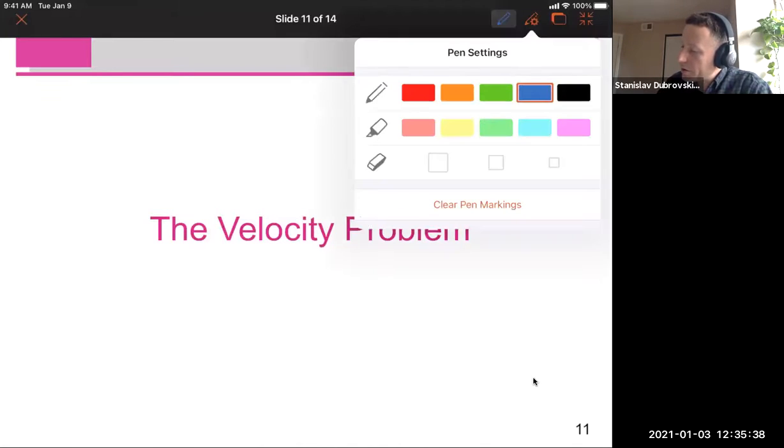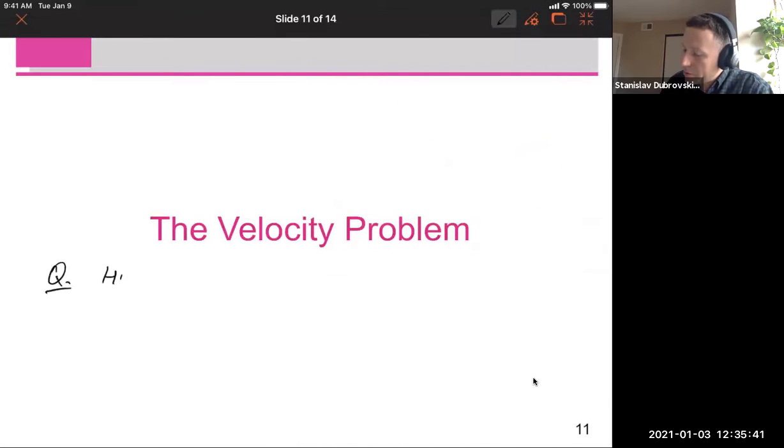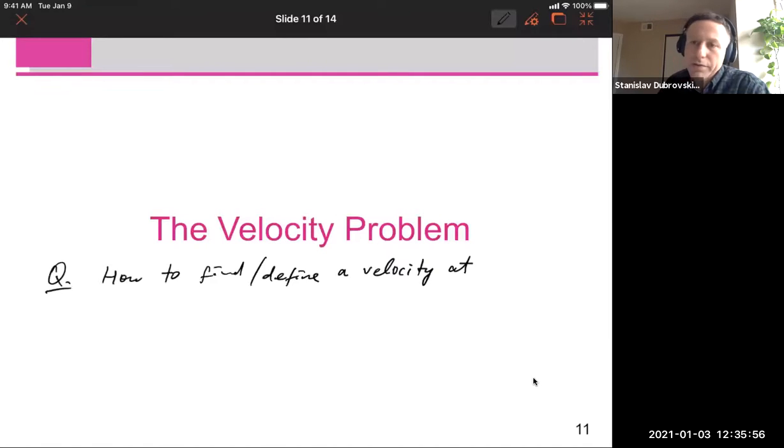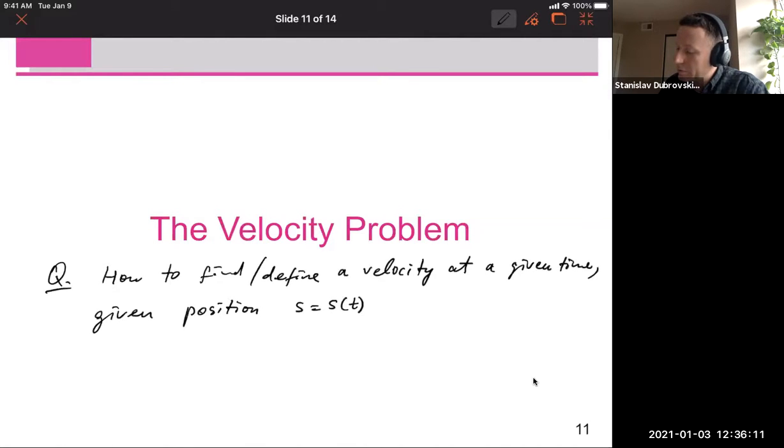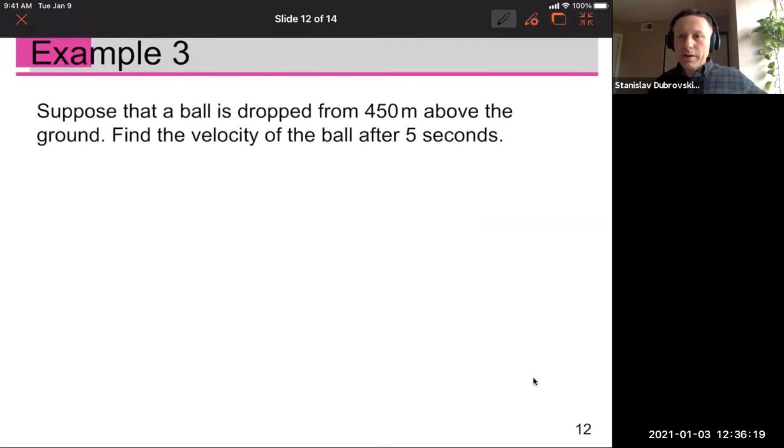So the question here is, how do you find and even rigorously define a velocity at a given moment in time, at a given time? Let's say that you're given position as a function of time. How should you define the velocity? Okay, and to be concrete, let's look at a specific problem again.